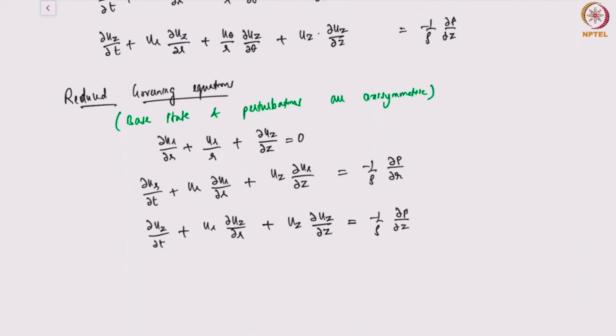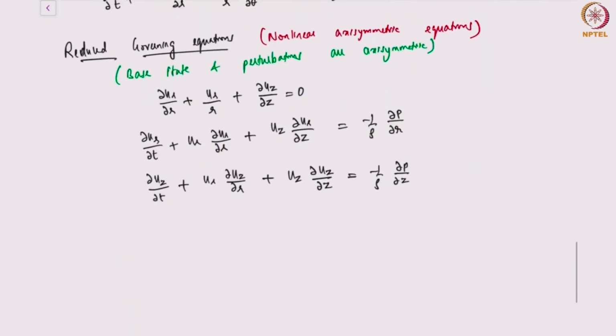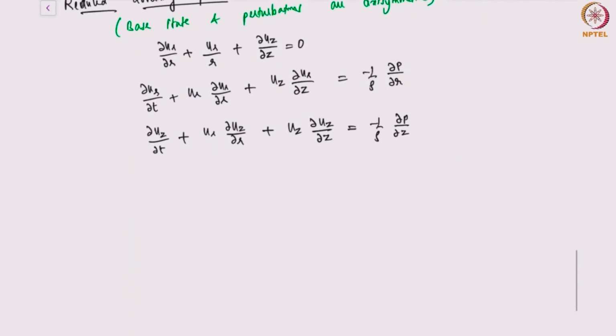So what kind of equations are these? These are non-linear axisymmetric equations. So I went from non-linear non-axisymmetric equations to non-linear axisymmetric equations.